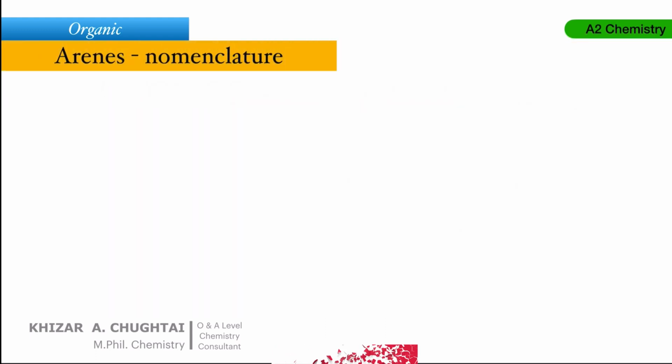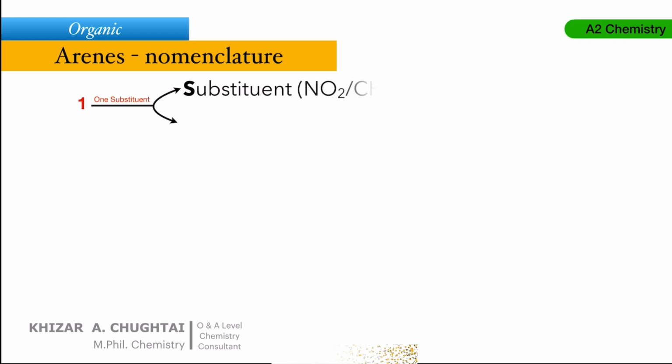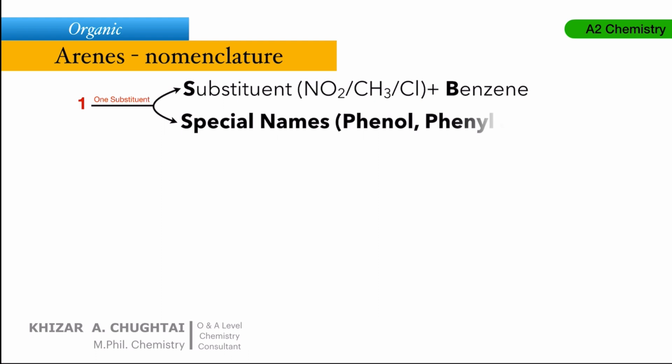Let's talk about nomenclature of arenes. There are two main basic points for the nomenclature of arenes. Number one: if there is only one substituent on the benzene ring, that is a monosubstituent, there is a simple way to write the name. First of all, we write the name of the substituent, like NO2 is nitro, CH3 is methyl, and Cl or any halo group is chloro, bromo, iodo, and so on.